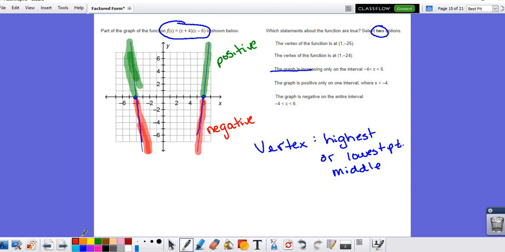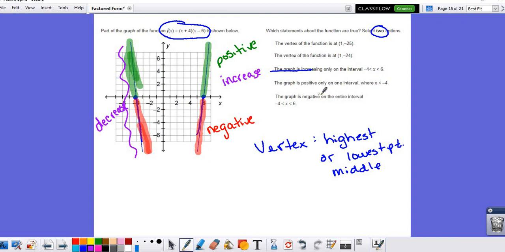Okay. But if I want to talk about increasing or decreasing, this whole side is decreasing. And this whole side is increasing. Okay. All right, so is it positive at only one spot?